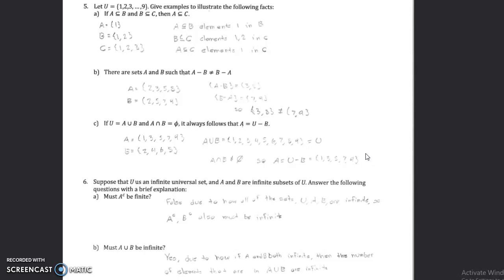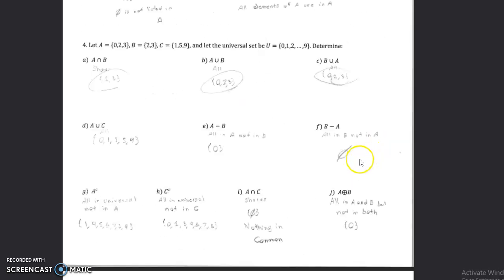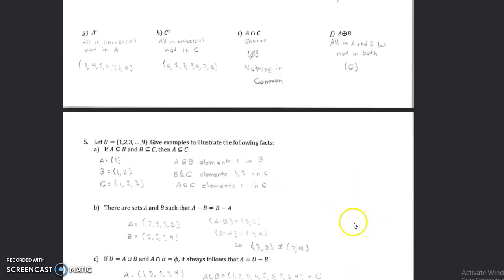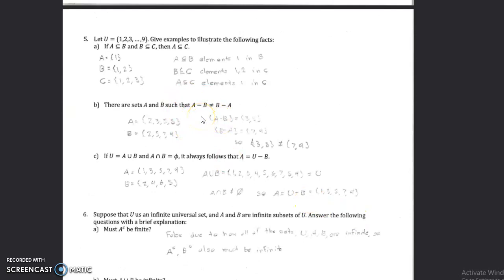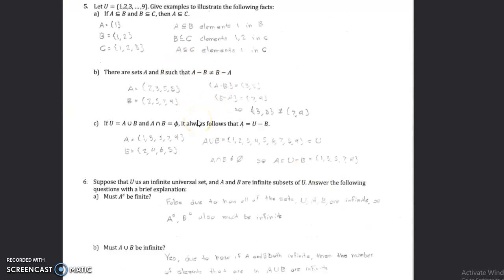For B, there are sets A and B such that A minus B does not equal B minus A. So if you go back to the last problem, we can see that these were not the same. So we're looking to prove that again, basically. Given a set A, 2, 3, 5, and 8, and a set B, 2, 5, 7, and 9, if we did A minus B, we get the set 3 and 8.